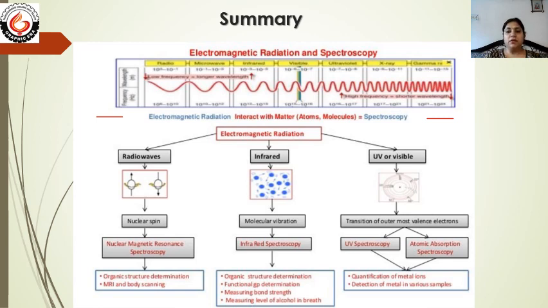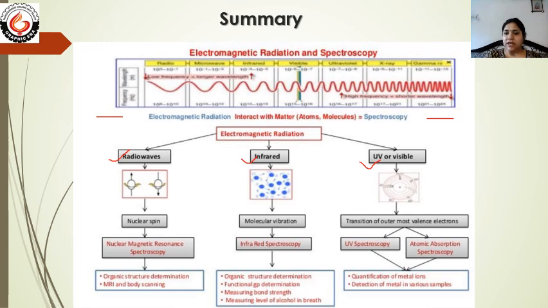So as you know that frequency is directly proportional to energy, that means UV radiation is having maximum energy, then infrared, and then radio waves are having low energy. According to their energy, they are able to make changes in the molecules or atoms.